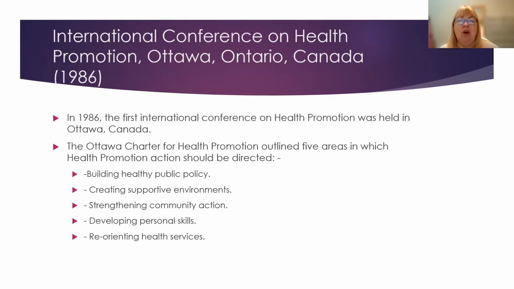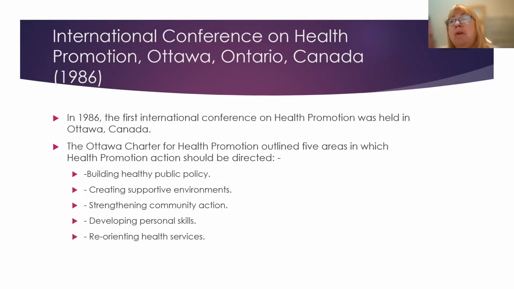Okay, the International Conference in 1986 was the Ottawa Charter, and this gave them a lot of focus for health promotion. And it said the action should be directed in building healthy public policy.